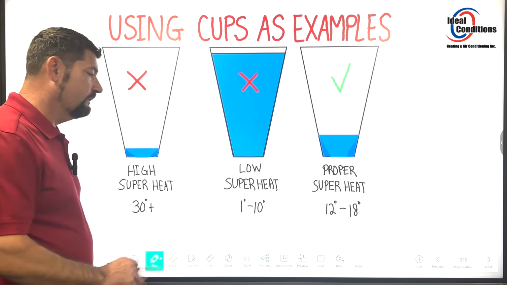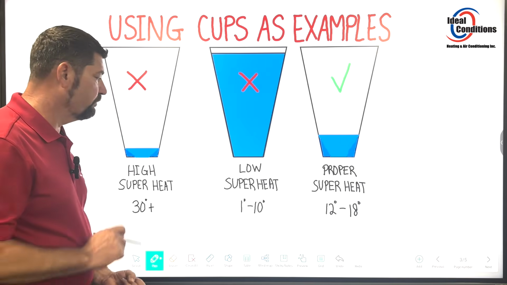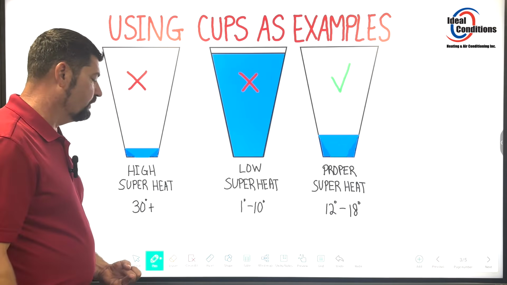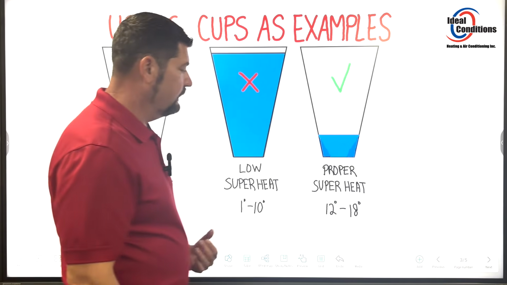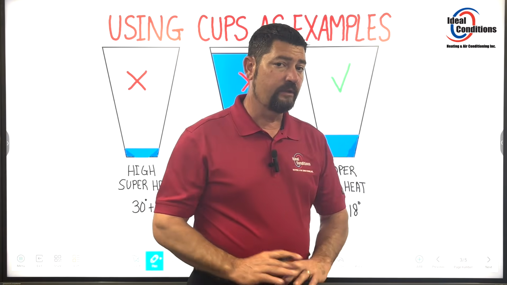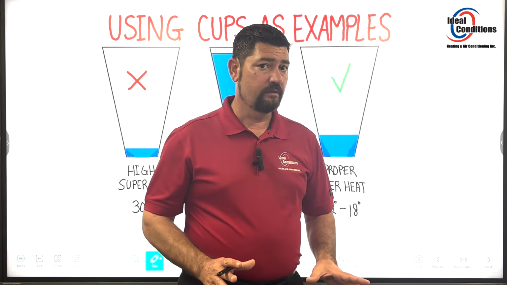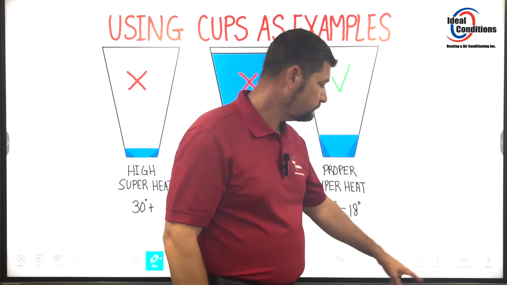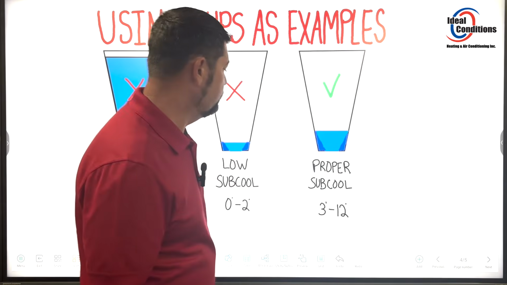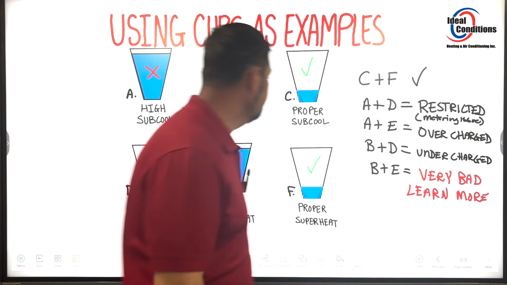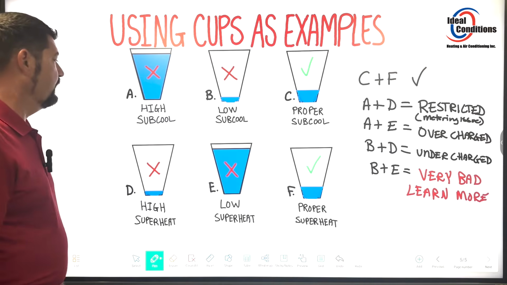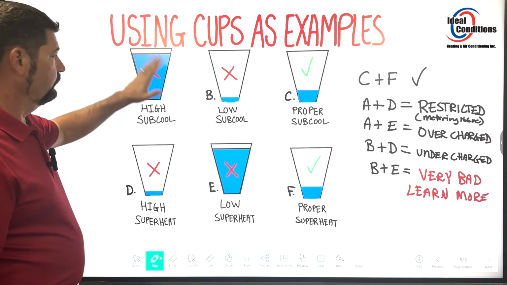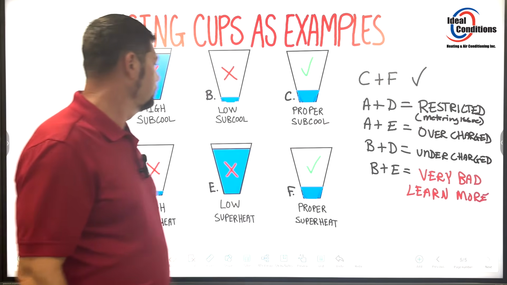But I can probably get this thing to where I drop that head pressure, I get that subcool down, and we could probably get the thing to where it's somewhat running right. And we can work on that second problem. So let's look at that combination. Where does that combination leave us? We have a high subcool, so this is the A category, right?